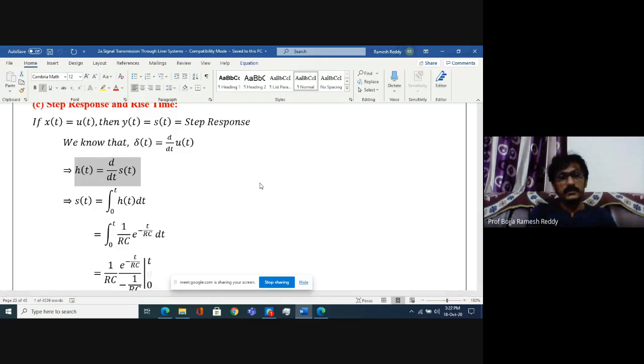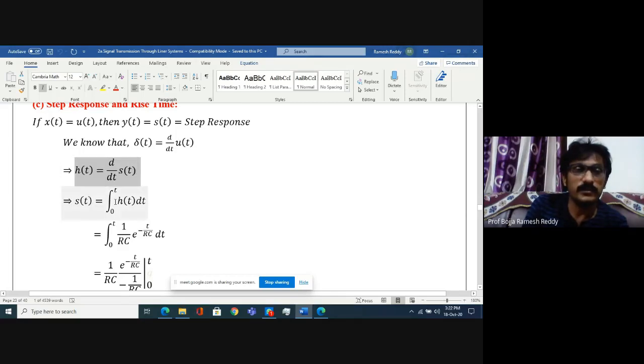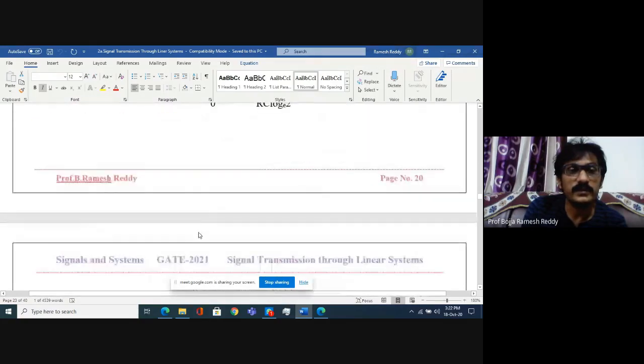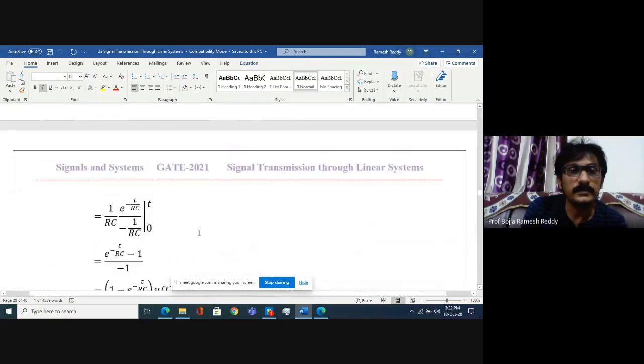Now, from this formula, the step response is equal to the integration of the impulse response, that is, integral from 0 to t of h of t dt. Now we know h of t. We already calculated the impulse response in the previous problem: 1 by RC e power minus t by RC.